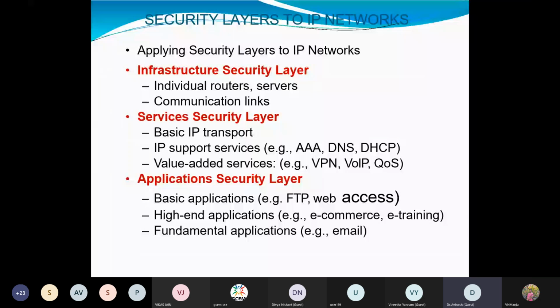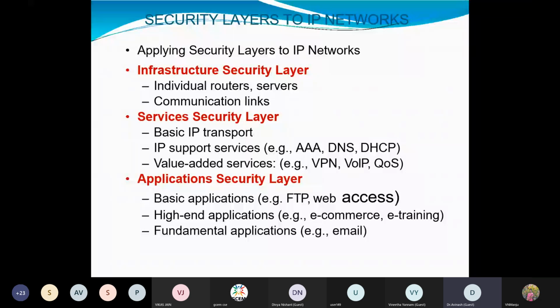At the services security layer, we have the basic IP transport, and we have the IP support services, for example, the domain name service, dynamic host control protocol, and the AAA. AAA stands for authenticity, authorization, and authentication. Value added services are services such as virtual private network, quality of service, then voice over IP.